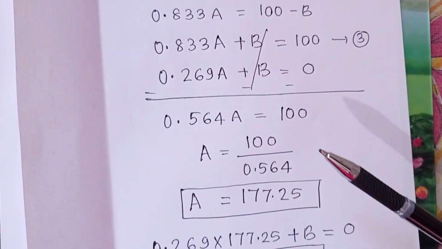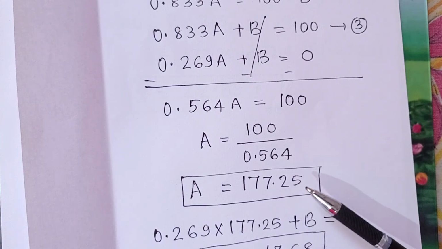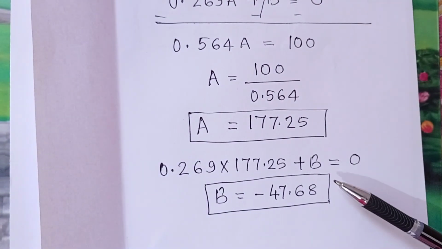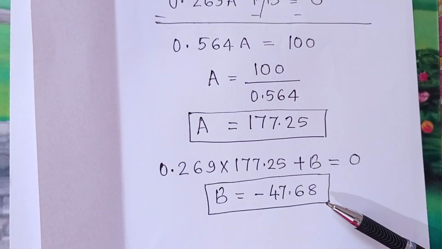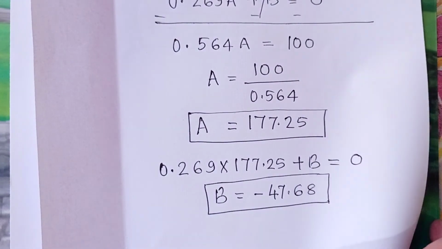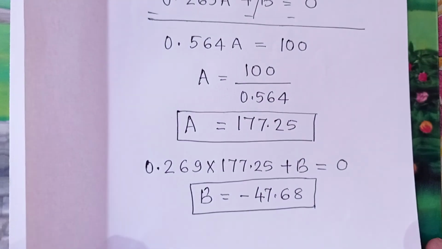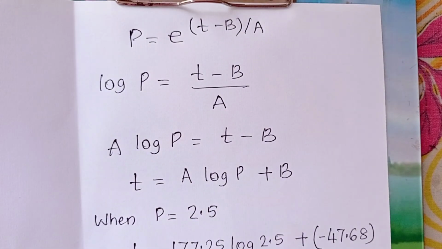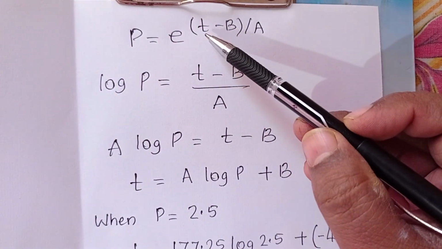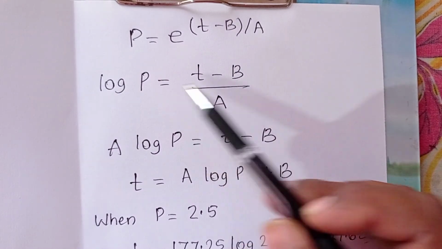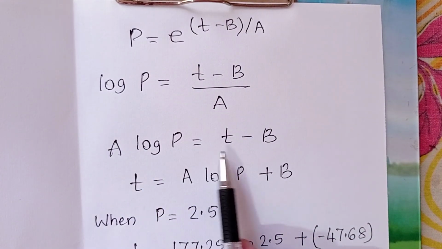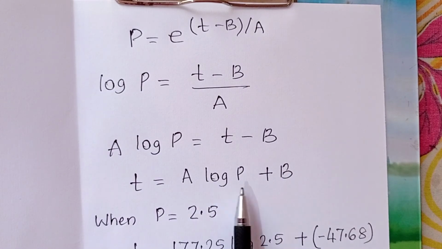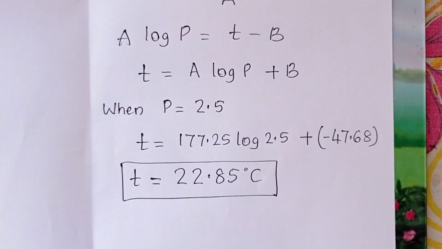B will get cancelled first, so I'll get the value of A. Then in equation 2, I will substitute the value of A and find out the value of B. Once I get the constants A and B, I can find out the value of T by taking the governing equation, P is equal to e to the power T minus B by A. So I take log, so I get A log P will be equal to T minus B, that is T is equal to A log P plus B. Put the value of P, that is 2.5, and I'll get the value of T as 22.85 degree centigrade.